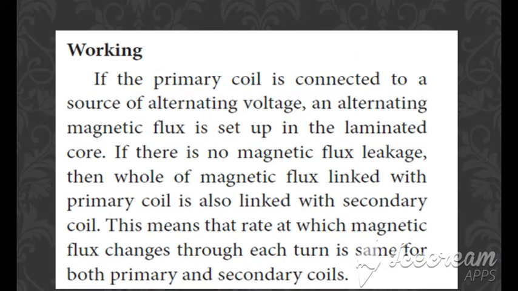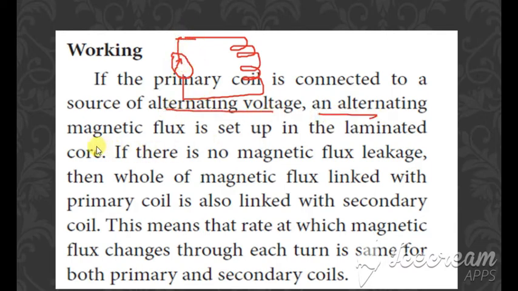If the primary coil is connected to the source of alternating voltage, so the primary is connected to an alternating voltage. When it is connected to the alternating voltage, an alternating magnetic flux is set up in the laminated core. So this is the laminated core.